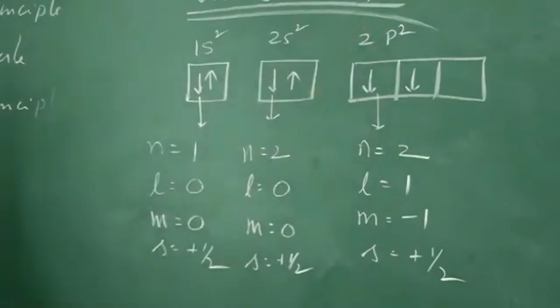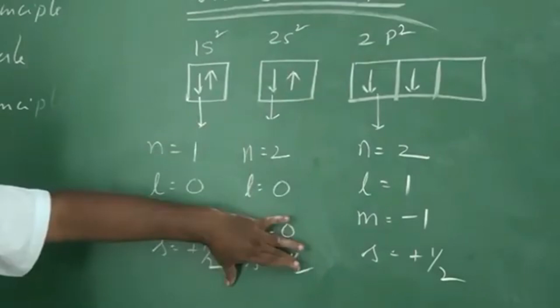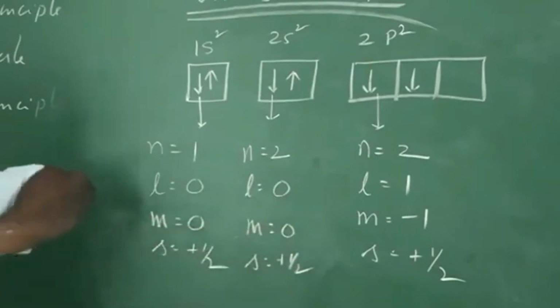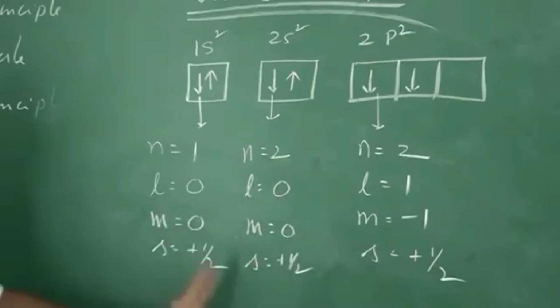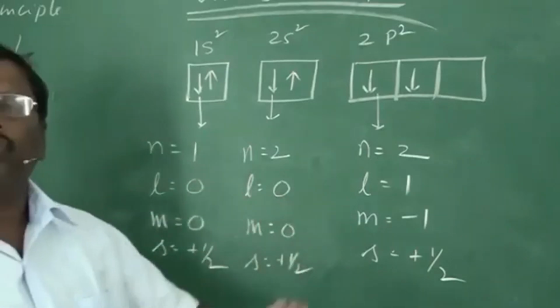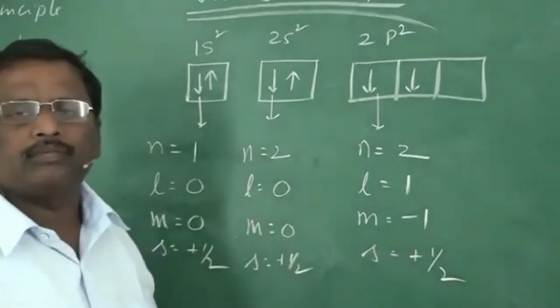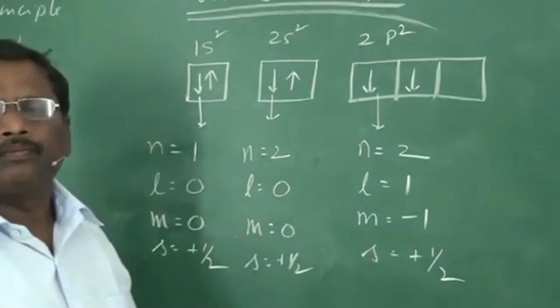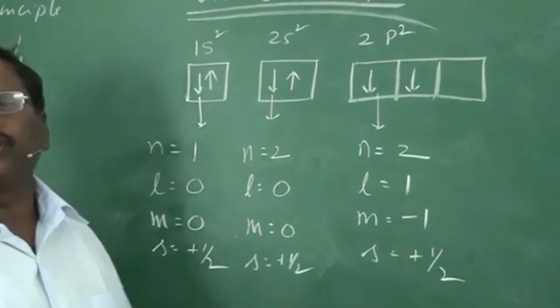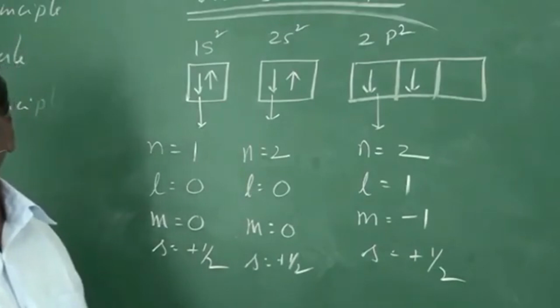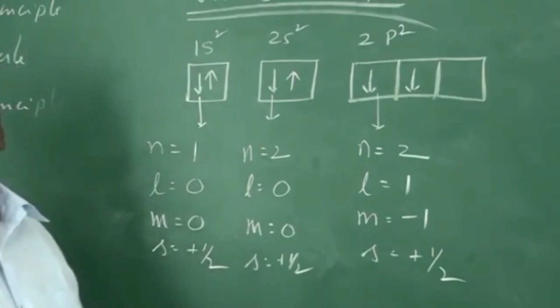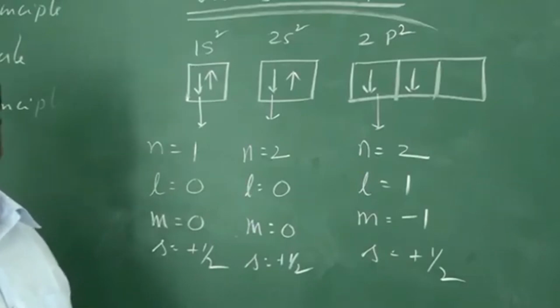They will have a specific set of 4 quantum values, and no 2 electrons will have the same set of 4 quantum values. No 2 electrons in an atom will have the same set of 4 quantum values. This is Pauli's exclusion principle.